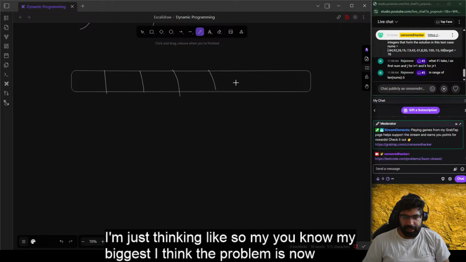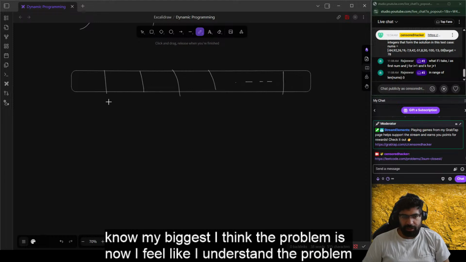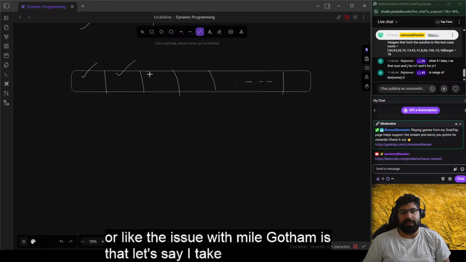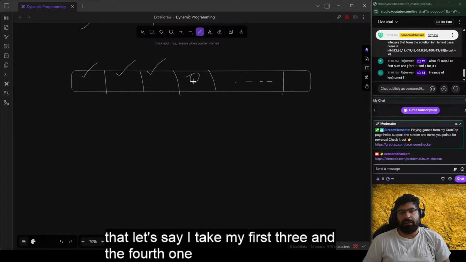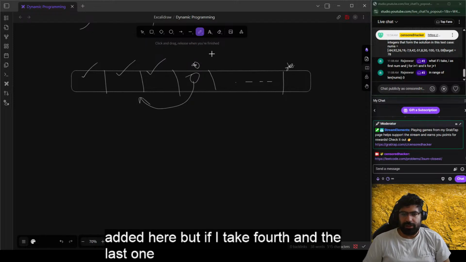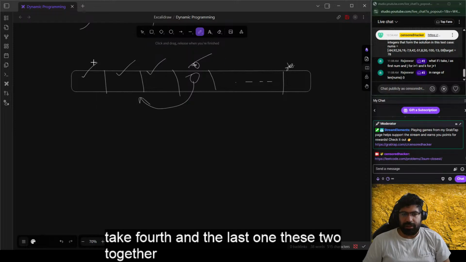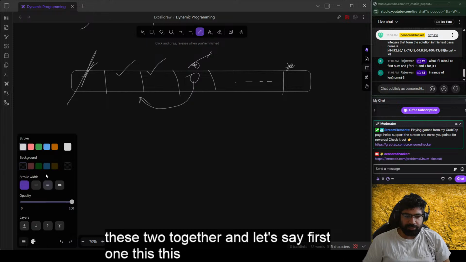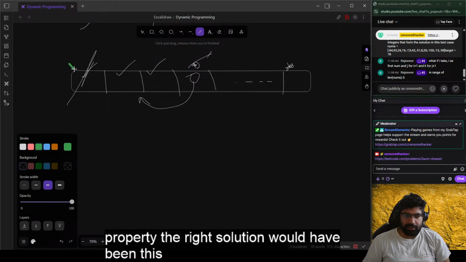Now I feel like I understand the issue with my algorithm. Let's say I take my first three and the fourth one is not going to be added here. But if I take the fourth and the last one, these two together, and let's say the first one, the right solution would have been this, this, this.